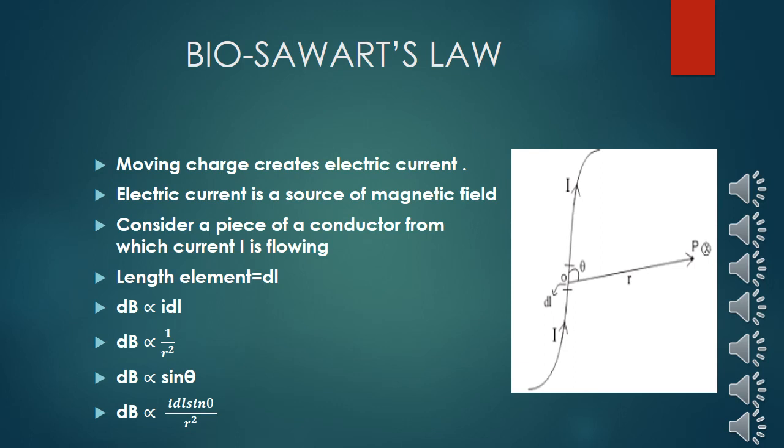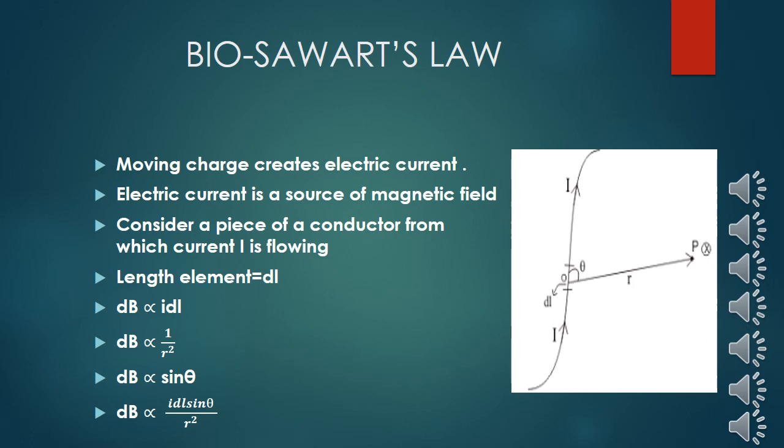So we can find the magnetic field at point P through this current element. This point P is at a position r, making an angle theta with dl. Some magnetic field is produced here, and the strength of that magnetic field is dB.